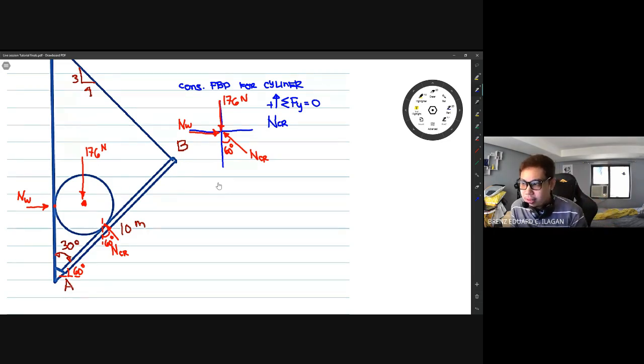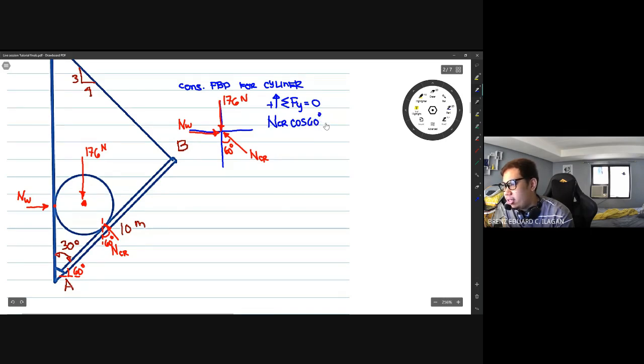Kasi y component na kailangan. So yung angle is nakadikit dito sa y-axis, kaya cosine siya. Or para hindi malito, tagilid mo ng ulo mong ganyan. Para magets mo ng cosine siya. So NCR cosine 60, and then minus 176 kasi pababa, so equals ko na lang to 176.